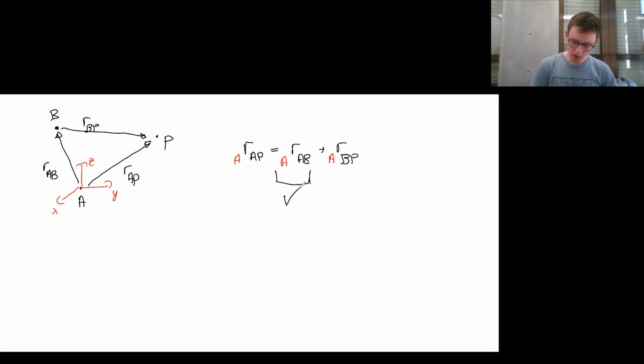But the second part might be difficult because the vector BP is usually much easier to express in B frame rather than A frame, because the B frame, let me draw it in green here, X, Y, Z, the vector BP is fixed in the B frame, so it's easier to find a coordinate representation there.